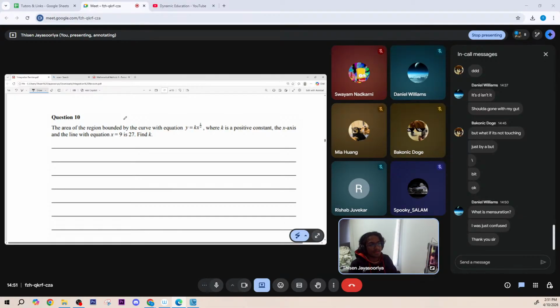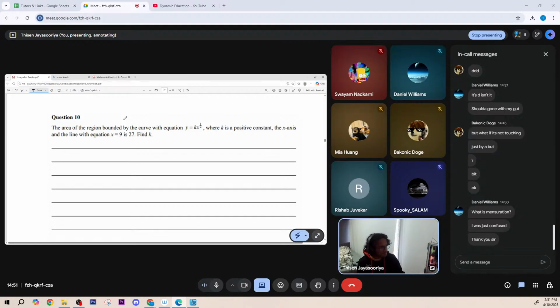So here, the area of the region bounded by the curve with the equation y equals kx to the half, where k is a positive constant, the x-axis, and the line with the equation x equals 9 is 27. Now, I said this the other day: we always need a sketch for these.